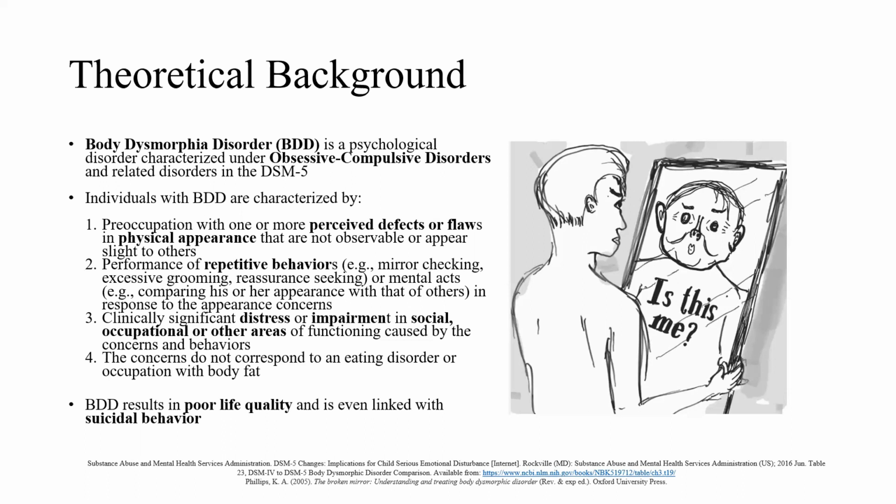And that causes them clinically significant distress or impairment in social areas, occupational areas, or any other areas in life. And fourthly, the concerns do not correspond to an eating disorder or to an occupation with body fat. So that is a separate disorder in the characterization.